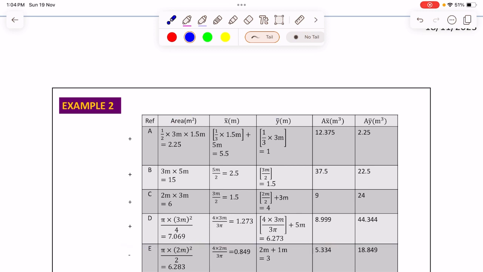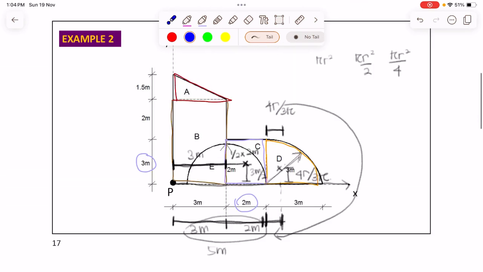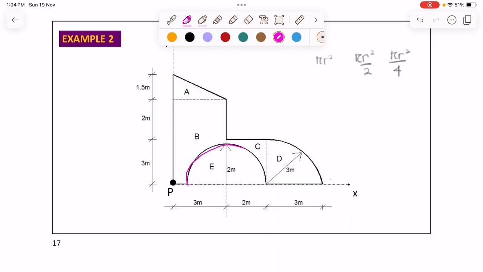And you have to remember, you have another area yang you have to minus from the area of the wall. Sebab tak termasuk that semicircle section E ini. For this semicircle, the area will be pi r square bahagi dengan 2.